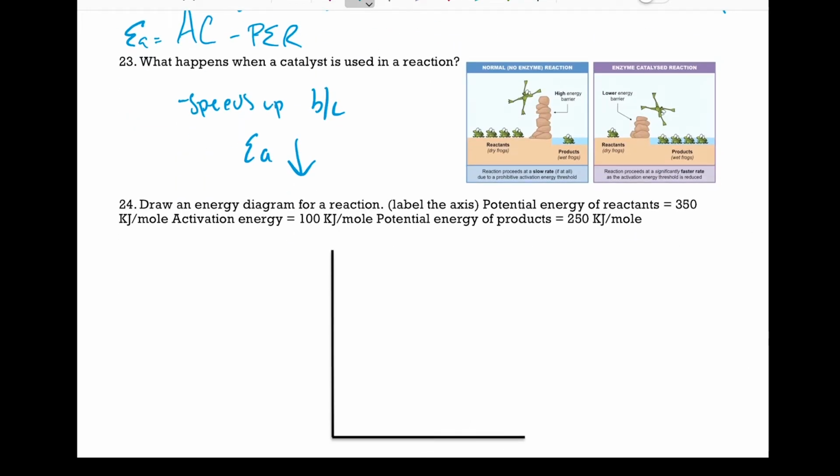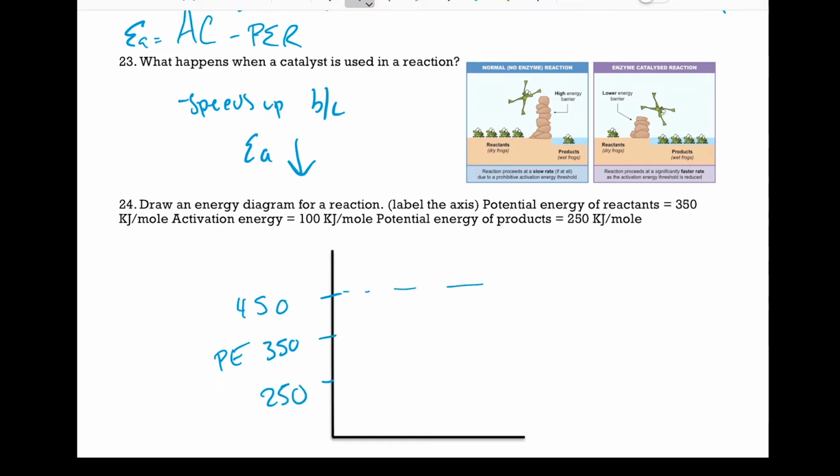24 says draw an energy diagram, and it gave you values. So it says your PE of your reactants is 350. Activation energy is 100, so we need to go up to 450. And then your products is 250.